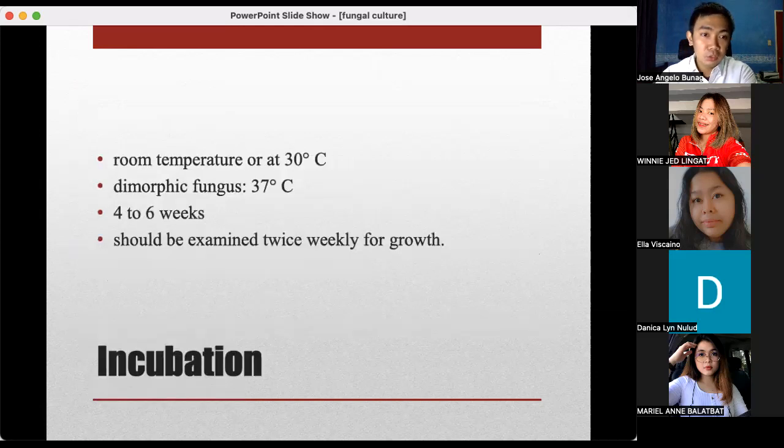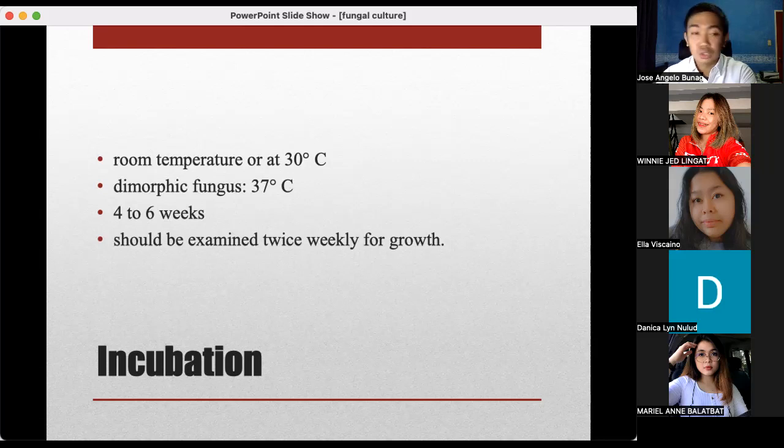And for the incubation requirement ng ating mga culture media, take note that this is only the requirement, particularly pag dimorphic fungus, 37 degrees Celsius, or you could also use 30 degrees Celsius.